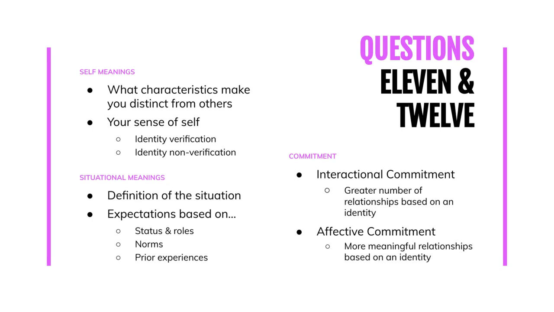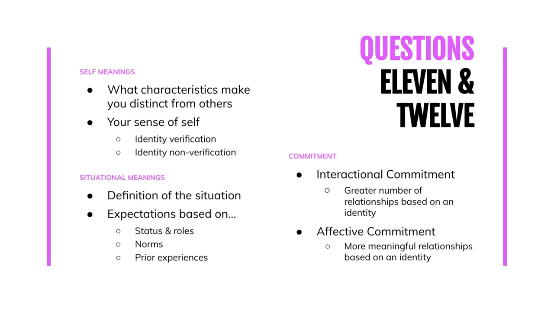And then your effective commitment to a particular identity. So you have more meaningful relationships based on this. And so, especially like, maybe right now you're spending more time with friends and family. And so, we'll go with family, like your role as a daughter: you're a daughter to one or two people in the world.